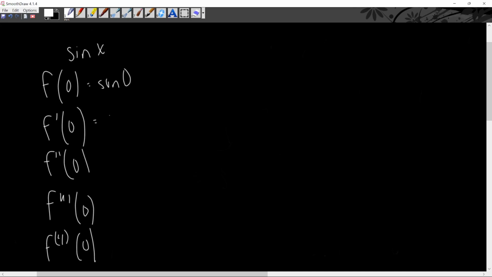So this is equal to cosine 0, this is equal to negative sine 0, this is equal to negative cosine 0, and then this is equal to sine 0.